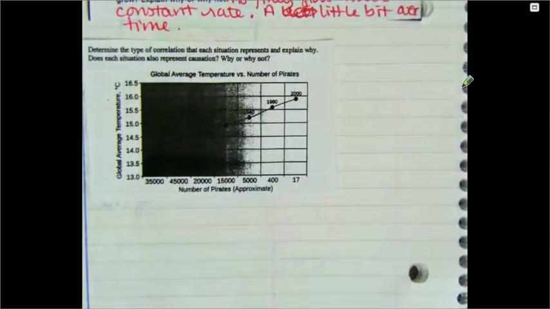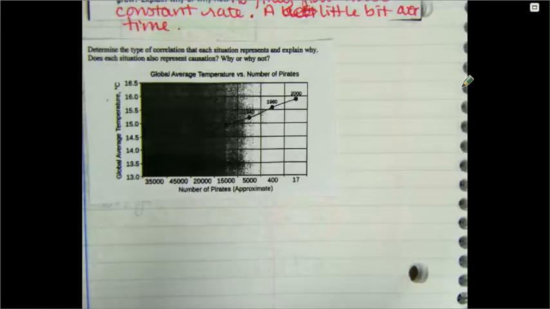All right, listen to this. Determine the type of correlation that each situation represents and explain why. Does each situation also represent causation, why or why not? I'm looking at a picture, and you can look at it yourself, and it says global average temperature versus number of pirates. I want you to determine the correlation.